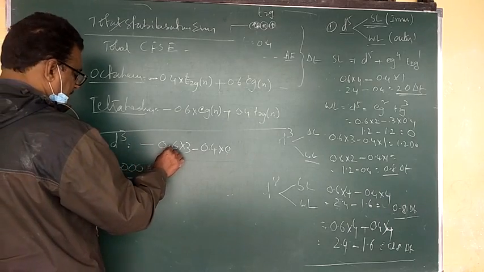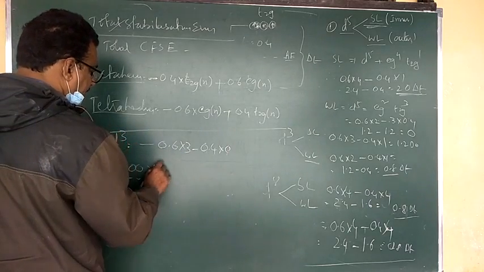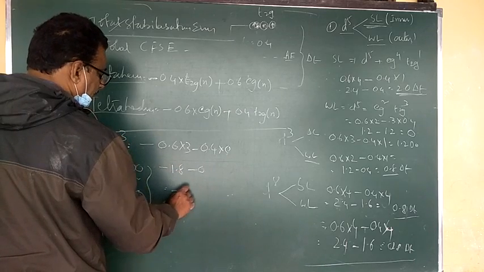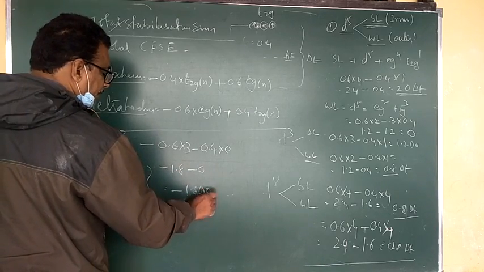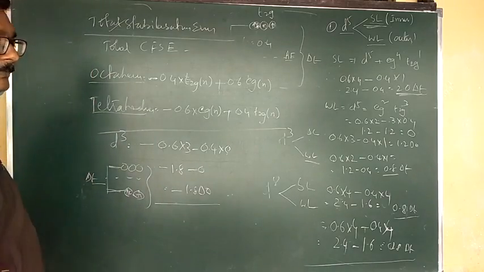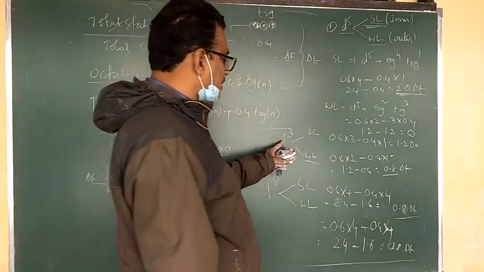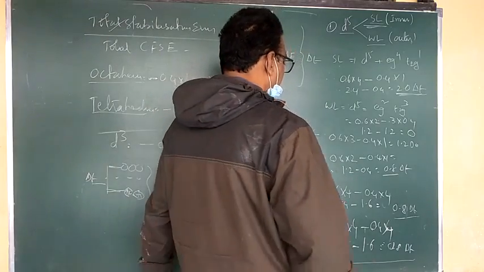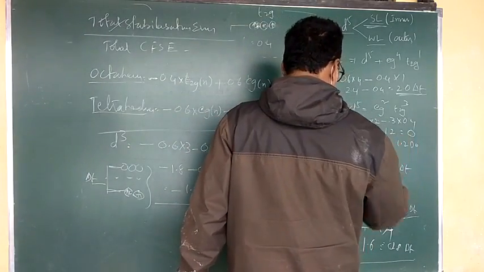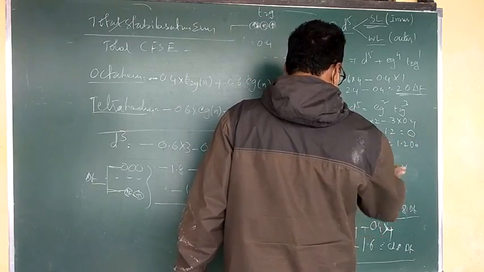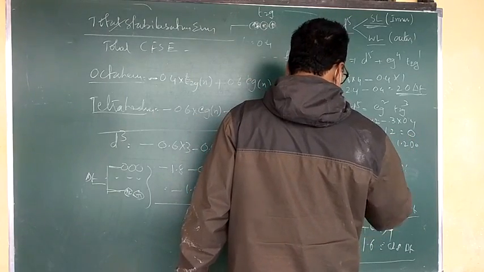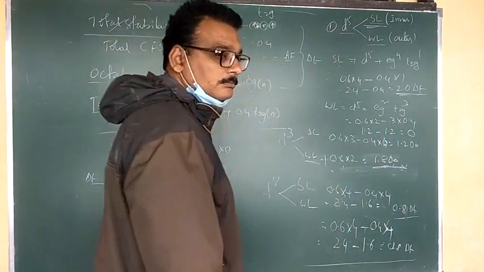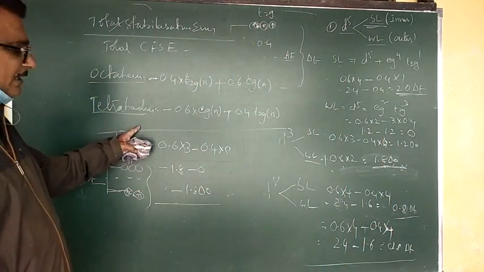Therefore minus 0.6 into 3 gives minus 1.8, and 0.4 into 0 is 0. The answer is minus 1.8 delta 0. This is called the total stabilization energy.